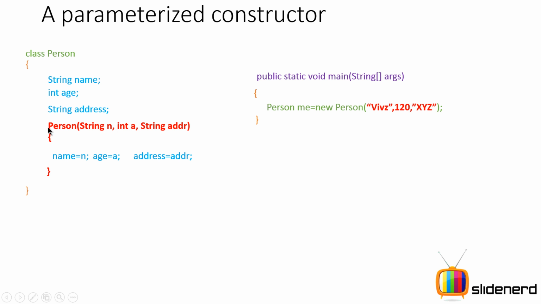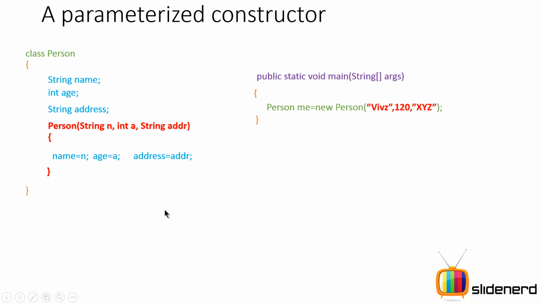And inside this constructor, I'm saying name equals n, age equals a, address equals addr, and those statements are going to put these three values inside these three instance variables.